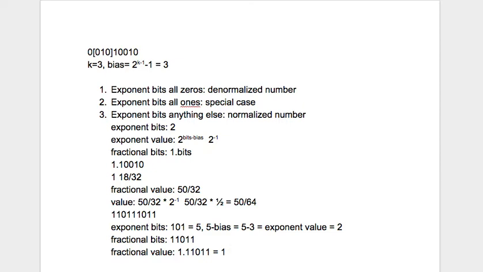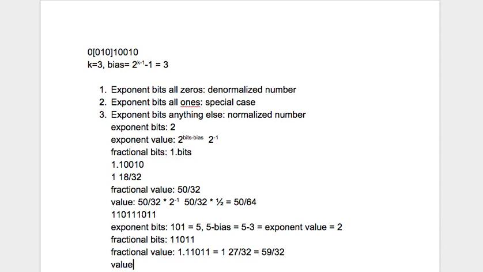I get 16, add 8 gives me 24. Skip the 4, so I add 2 to get to 26 and 1 more to get to 27. So that's 1 and 27, and it's still going to be over 32 because we have 5 bits. 2 to the 5th is 32. So 1 and 27 thirty-seconds. Converting that into an improper fraction, add 32 to 27 gives me 59 over 32.